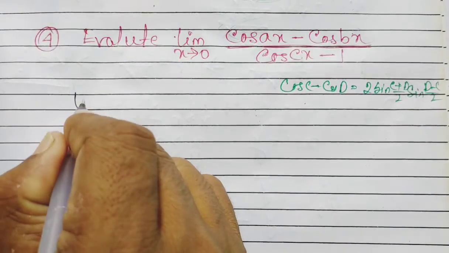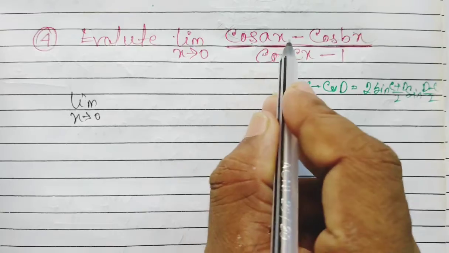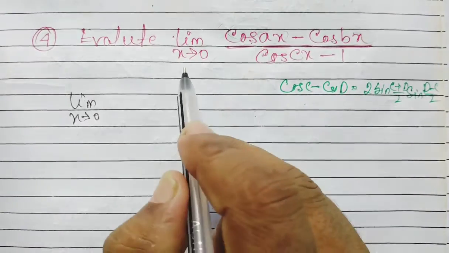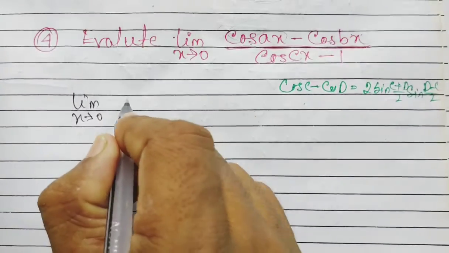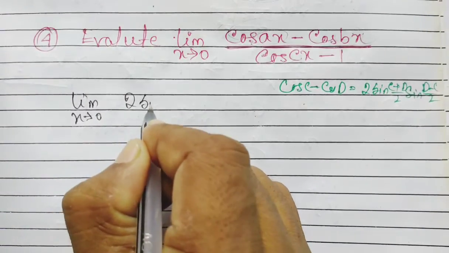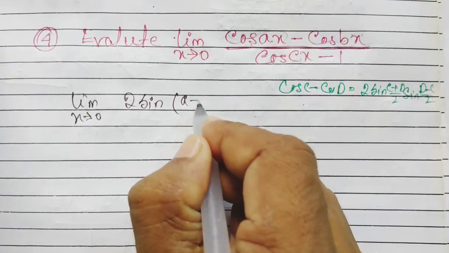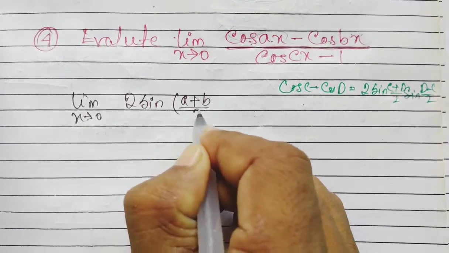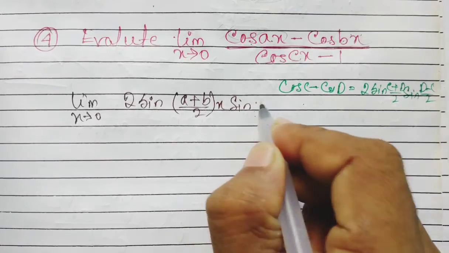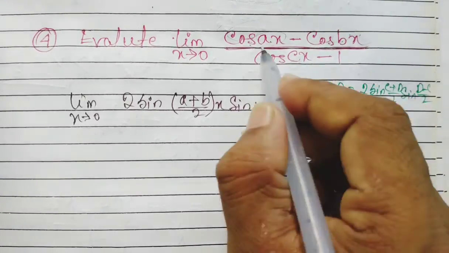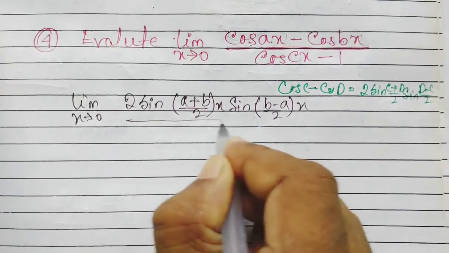Here c means ax and d means bx, so 2 sin (a plus b) by 2 into x, and sin (b minus a) by 2 into x.